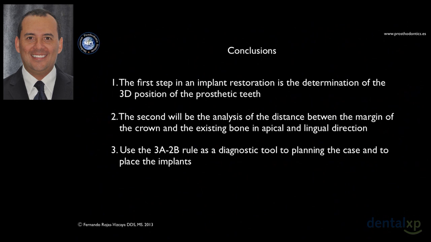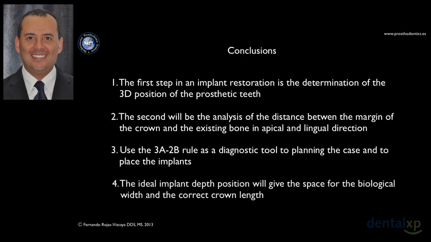In the majority of cases, bone will be far away, and it's an indication of a fixed detachable restoration where pink and white aesthetics will be incorporated into the prosthesis. And remember that the ideal depth of the implant will give the space for the biologic width and for the correct crown length.